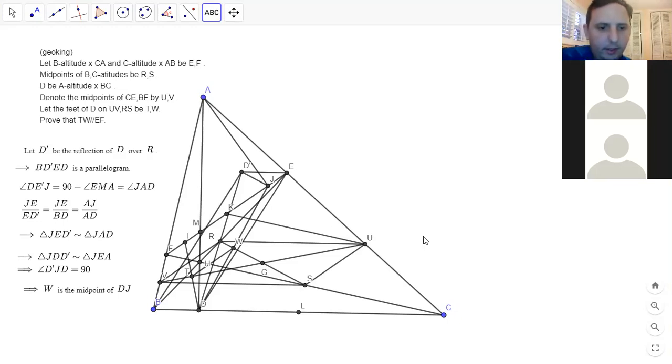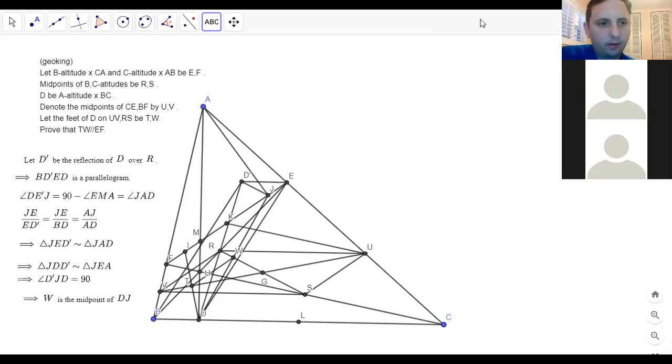So we reflected D over R. Then we could try reflecting D over S, or rather over V. Yeah, we probably want to reflect D over U or V. Let's see how that works.